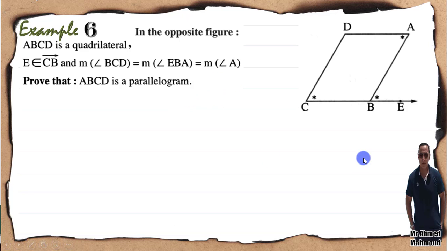It's very easy because since angle A and angle ABE are equal and they are alternate angles, so AD is parallel to BC. And also since angle ABE equals angle C in measure, so AB and CD are parallel. So each two opposite sides are parallel, and this is very easy.